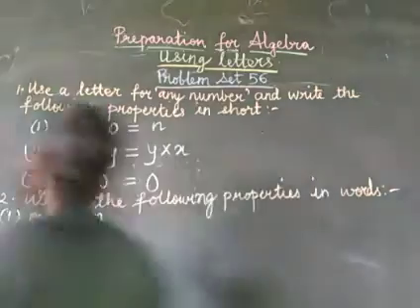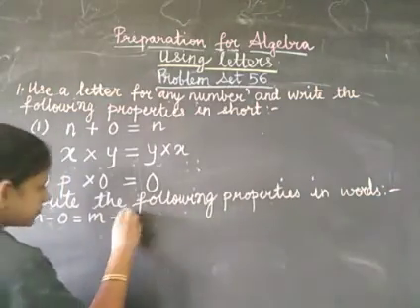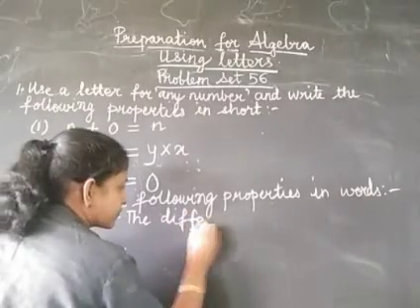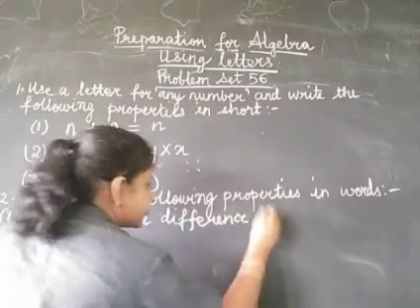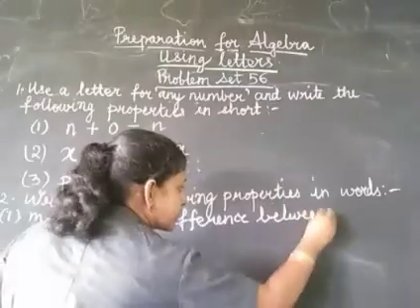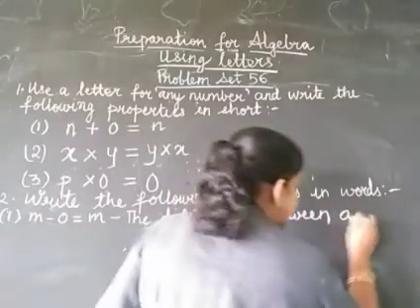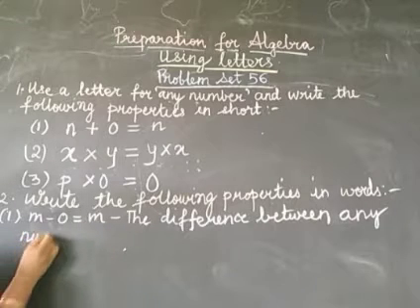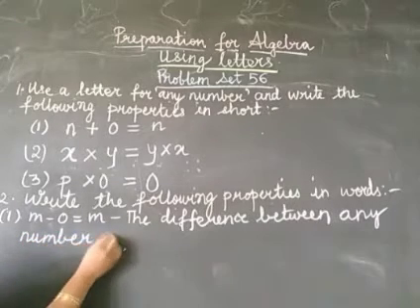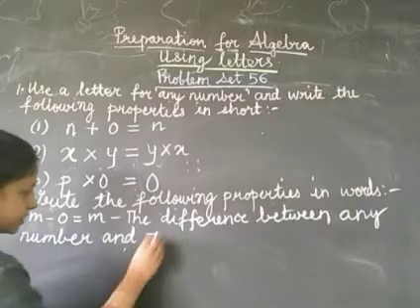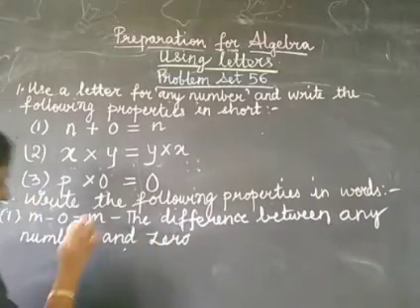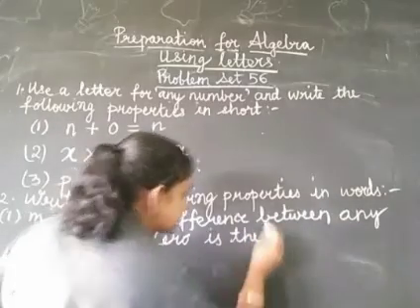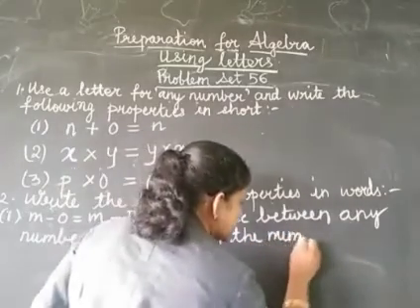So we can write this way. The difference between any number and 0 is the number itself.